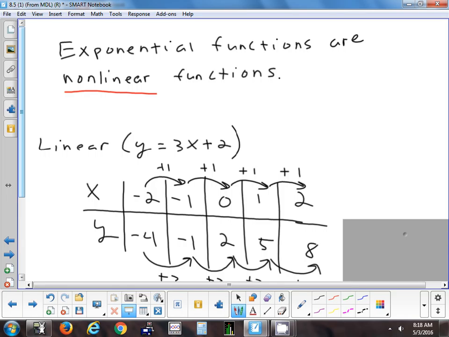I want you guys to look at the y values. Does anybody notice a pattern? How you get from -1 to the number 2, how you get from 2 to 5, and then how you get from 5 to 8. What are you doing each time? Yeah, you're adding 3.